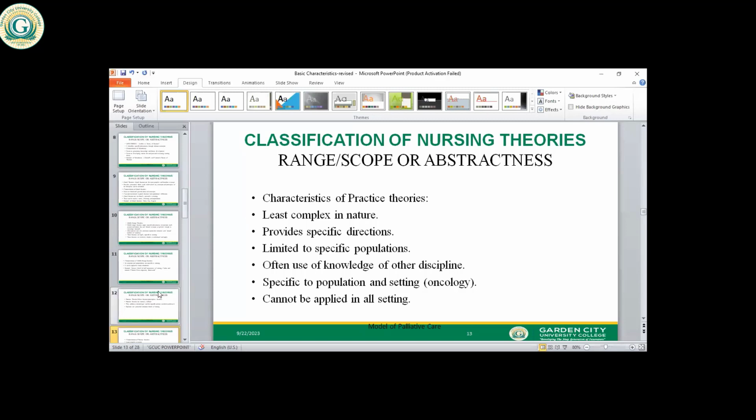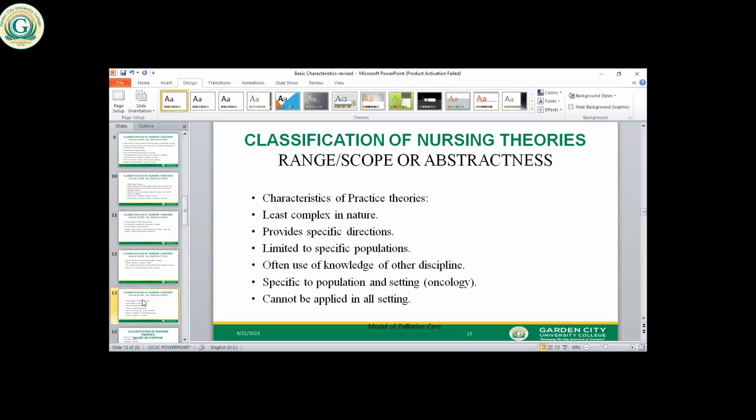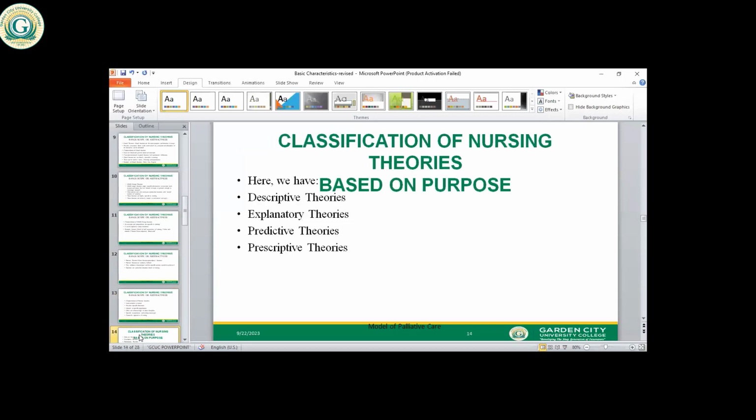Okay, so let's look at the next level of classification. The next level is based on purpose.